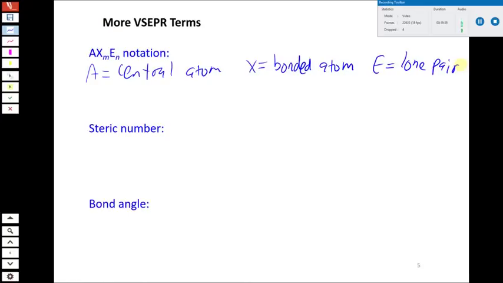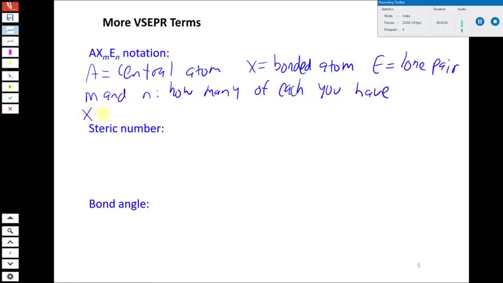Now remember that the P in VSEPR means pair, so we're always talking about pairs of electrons here. We're going to treat all electrons in groups of 2 for this approach. So you have bonded pairs and lone pairs. And then these little subscripts M and N in this generic formula are going to tell us how many of each of those we have. So how many atoms are bonded to the central atom, or how many lone pairs does it have? And we're going to categorize them based on that combination of M and N.